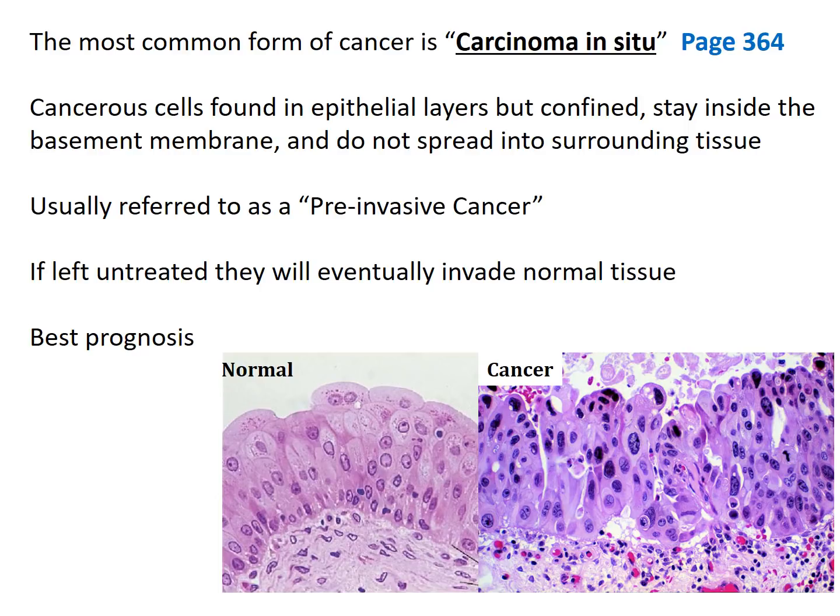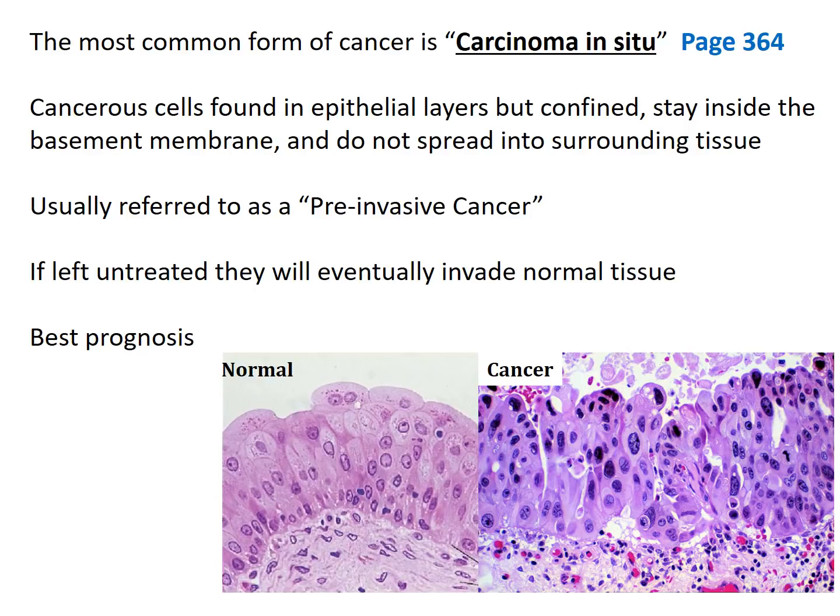Or another way to think about this, it's a pre-invasive cancer. If those epithelial cells got out of the epithelial layer and got into deeper tissues, we would call that invasive cancer. Carcinoma in situ is a pre-invasive cancer. It's still cancer, still can have some devastating effect. It still might have to be treated.